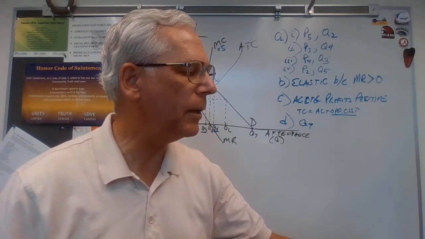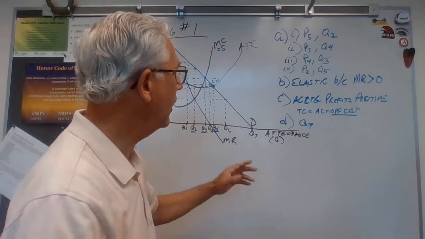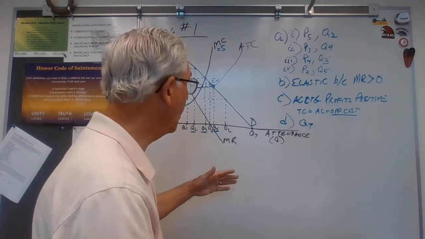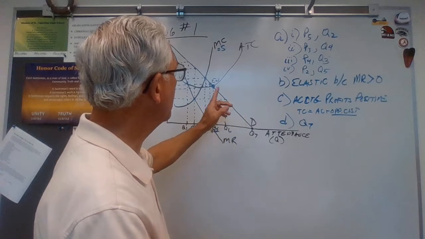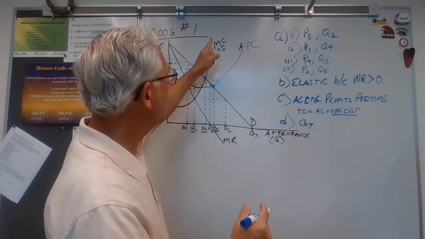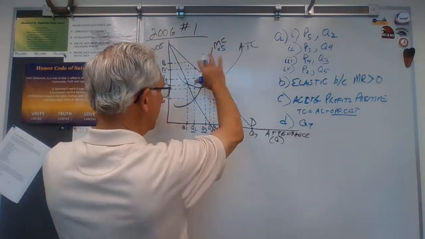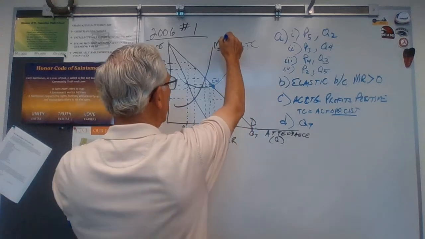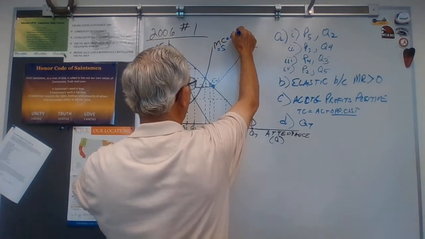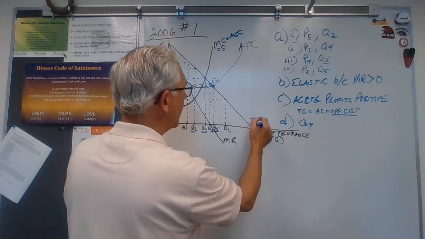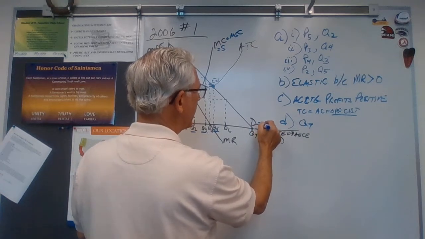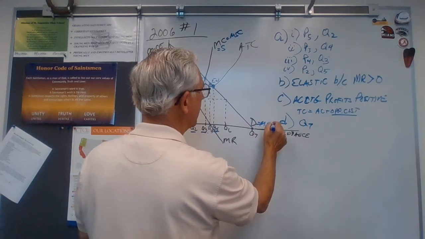Would the outcome be allocatively efficient? And the answer there is no, because the marginal social cost, assuming that there are no external costs here, the marginal cost is also the marginal social cost, okay? And the demand is not only the marginal benefit, it's also the marginal social benefit.